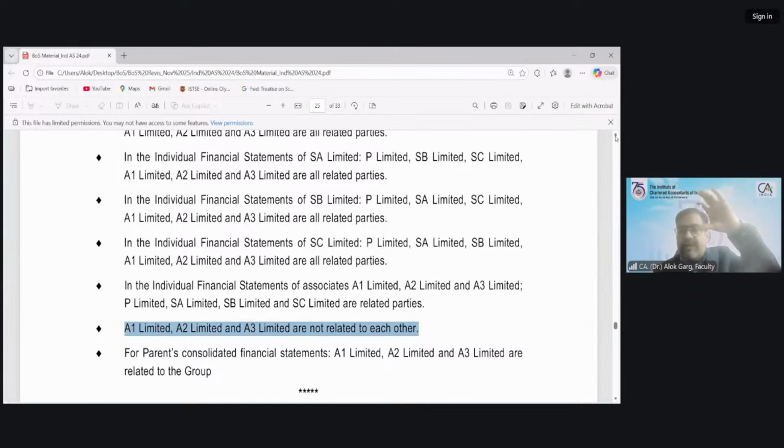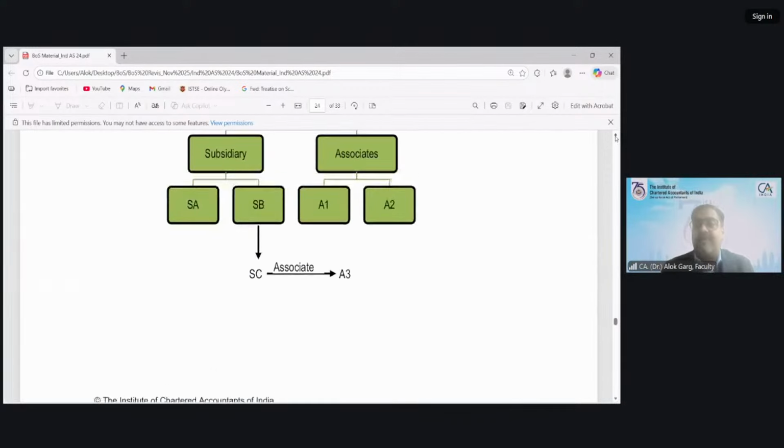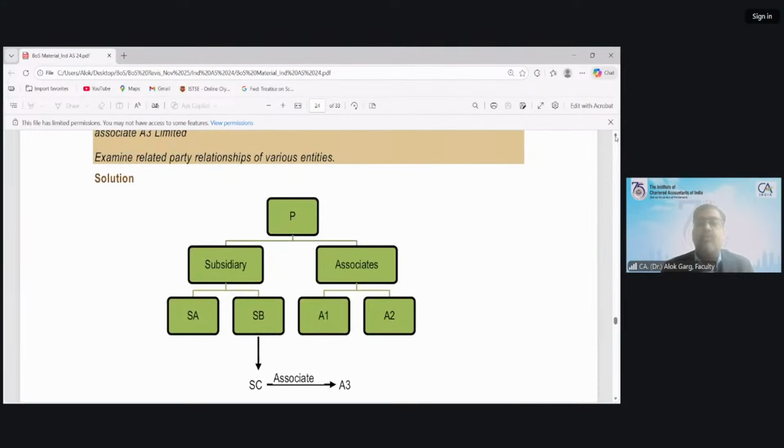One subsidiary and one associate of the same company will become related parties. But if there are two associates of the same company, like A1 and A2, the associates of P, then A1 and A2 will not become related parties.